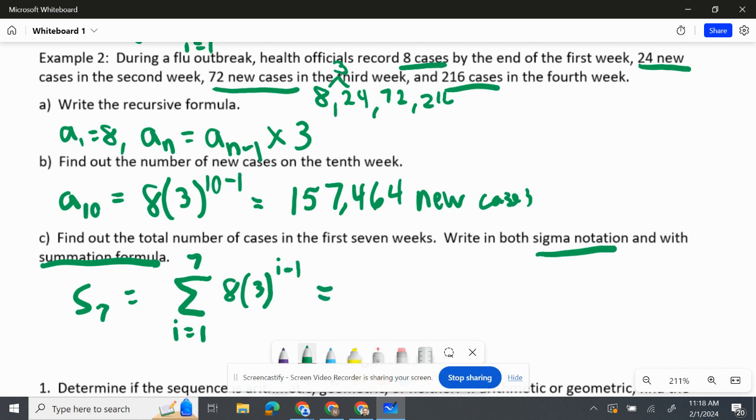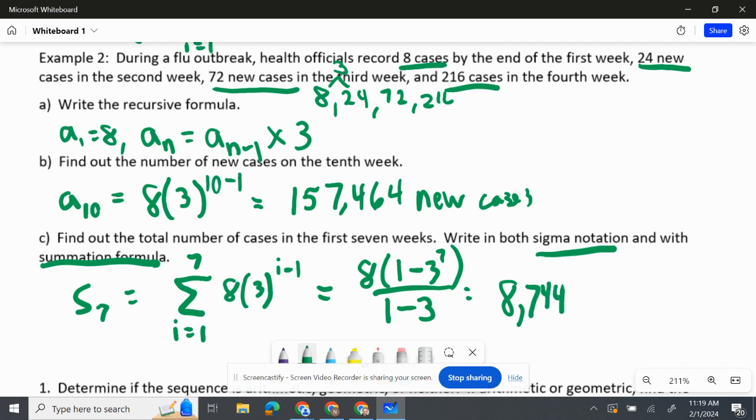And if we use our sum formula, we have 8 times 1 minus 3 to the 7, over 1 minus 3. And that right there gives us 8,744 cases.